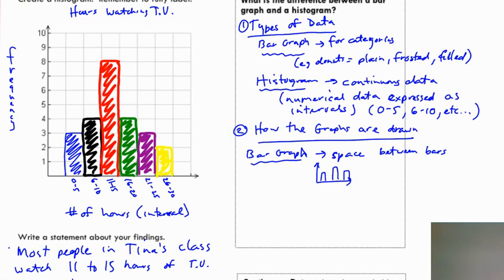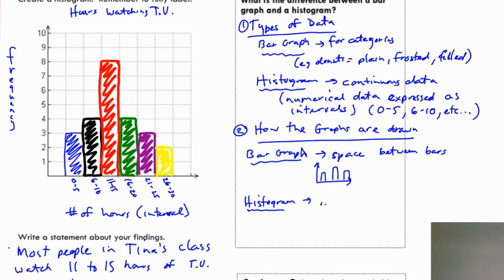And then when we talk about a histogram, the fact that the bars are drawn right next to each other kind of shows that we're talking about the same type of information, like hours of watching TV. Hours is still hours compared to hours, and so they're not as distinct.